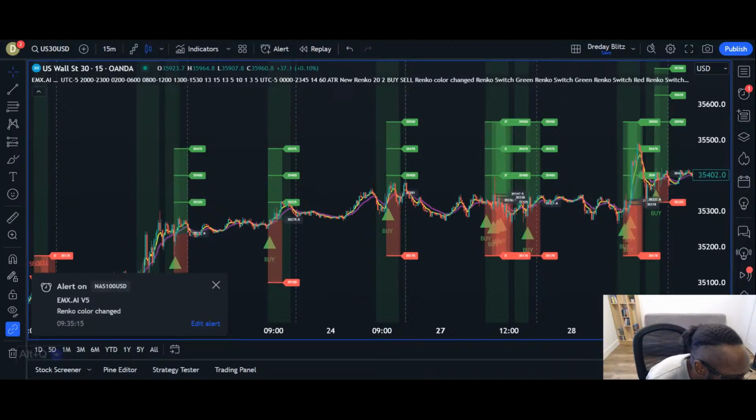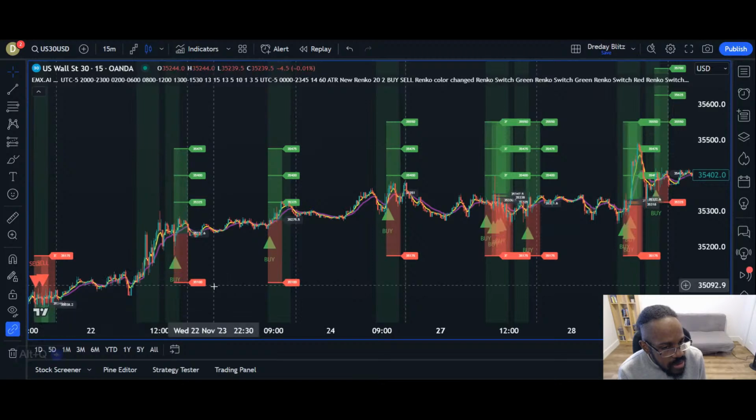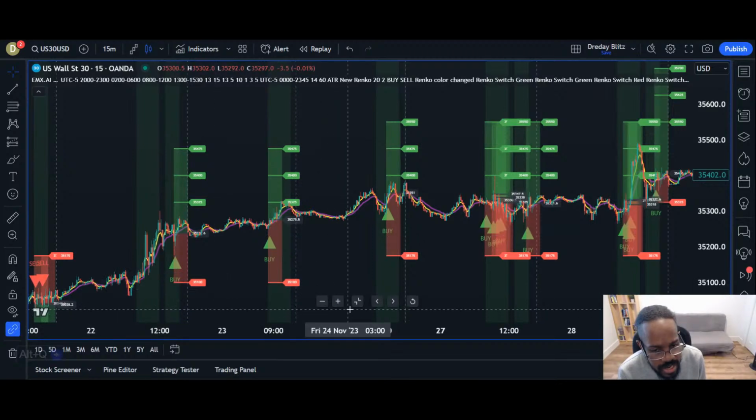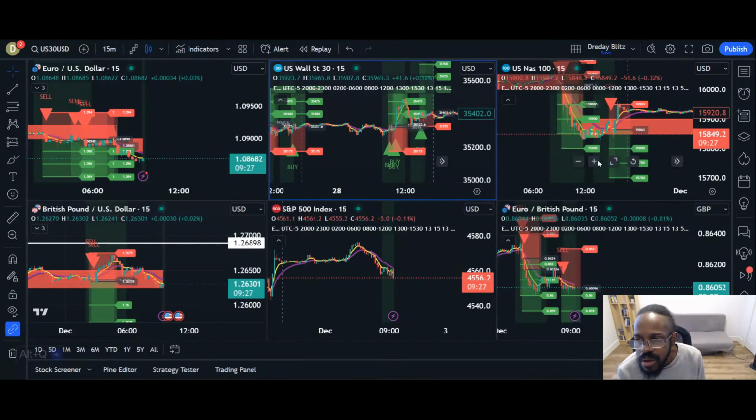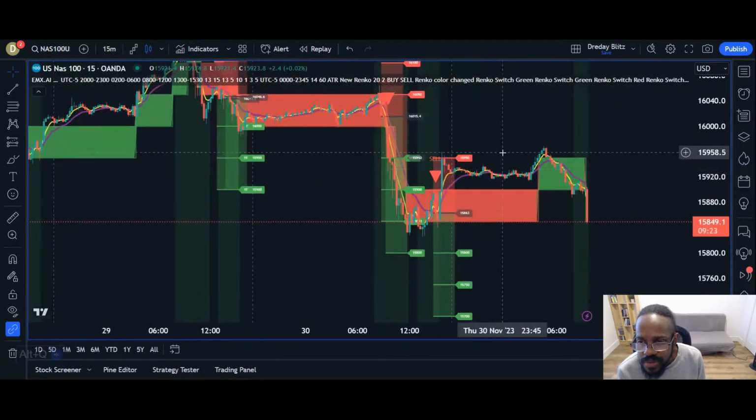Right. So right now we have a Renko color change. Yeah. So Nasdaq seems like it may change direction here. Everything is based off of Renko.